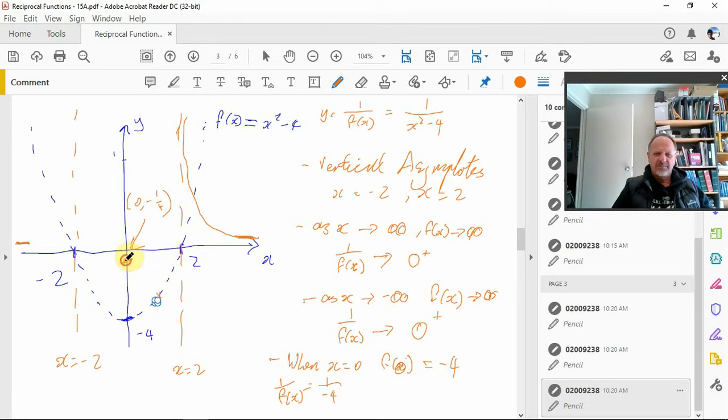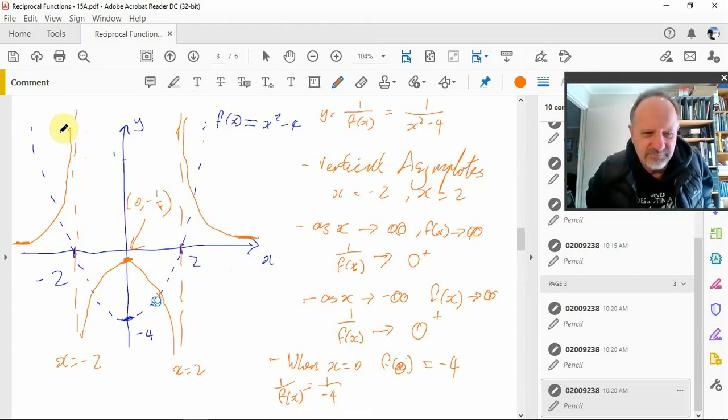So this is going to curve around like so. And if we use the same sort of analysis over here, we'll find that this one goes like so, and this one goes like that.